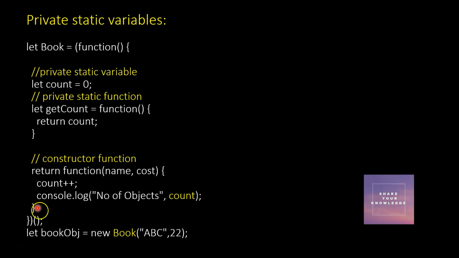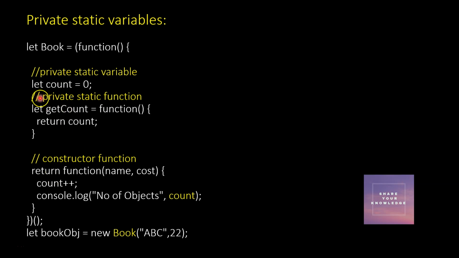So here, this count and getCount, the same copy will be available to however many objects you create out of this constructor function. Even if you create 2 or 3 or more, the same copy of count will be available to all of them.